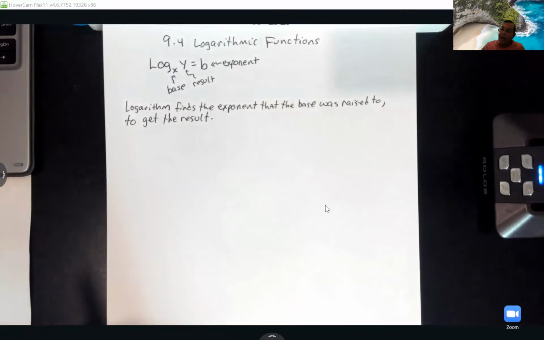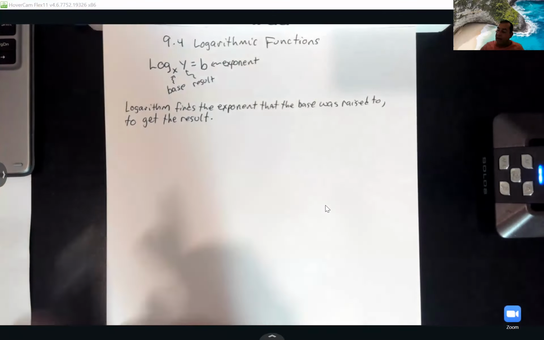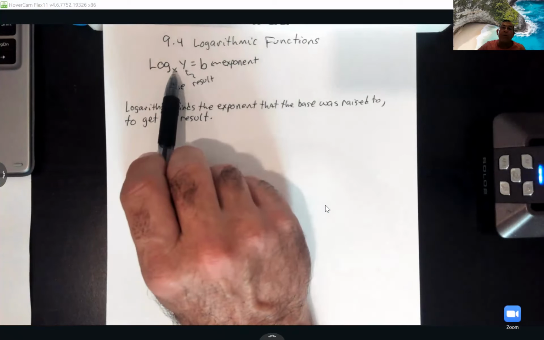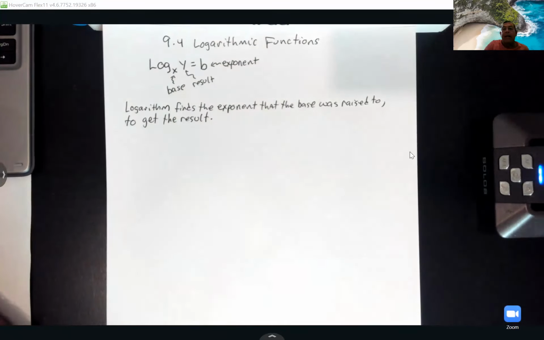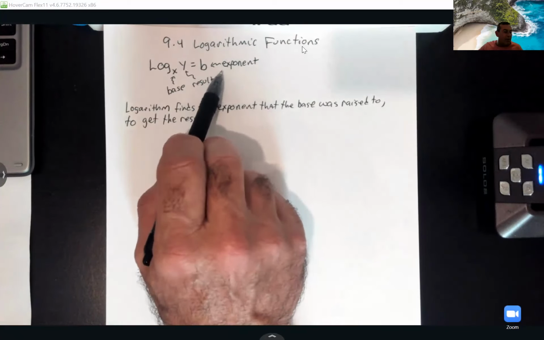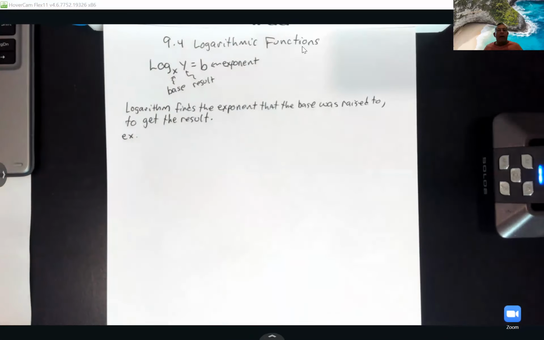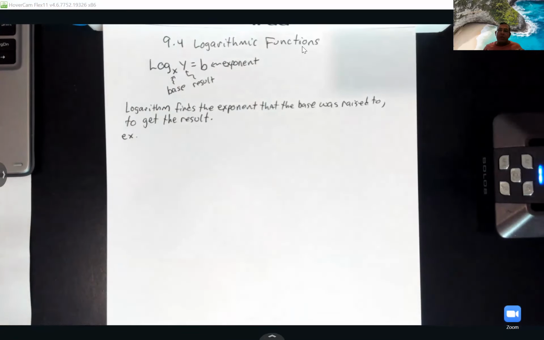So you can almost think of them as a way of undoing exponential equations, okay? So if I know what base I'm using and I know what that result is, then these logarithms will find those exponents, okay? So just remember, this log expression is finding exponents. So I'm going to do a few examples to get you used to this logarithm notation, okay?